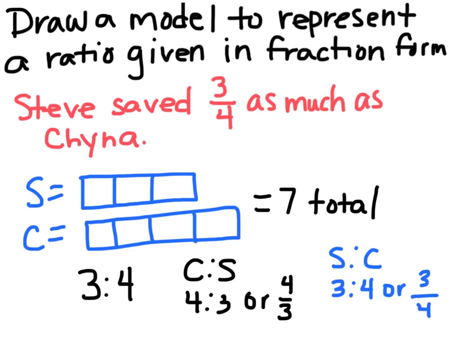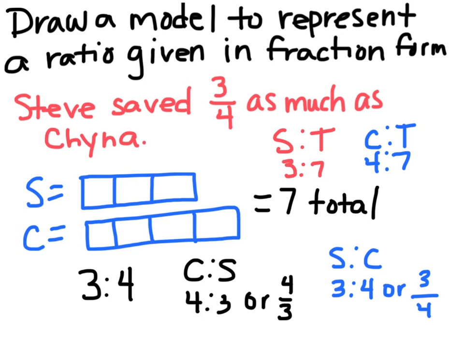Okay, see how that works? Finally, if you wanted to write a ratio for either Steve or China's money compared to the total amount that they have saved, you would take, say, Steve's amount to the total would be 3 to 7, and China's amount compared to the total would be 4 to 7, because we have 7 units total.